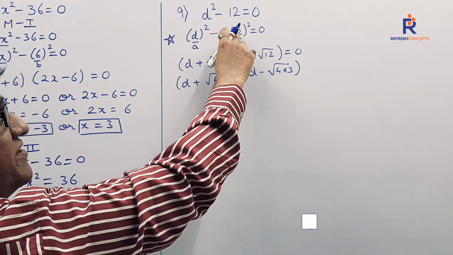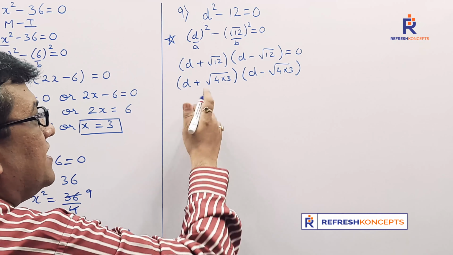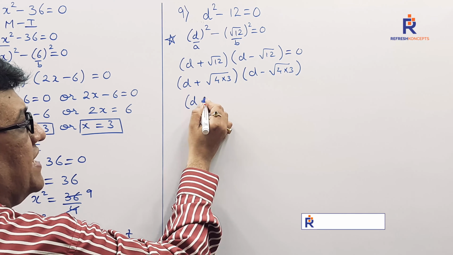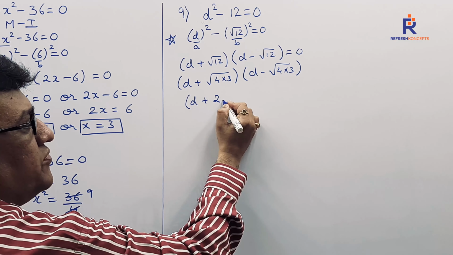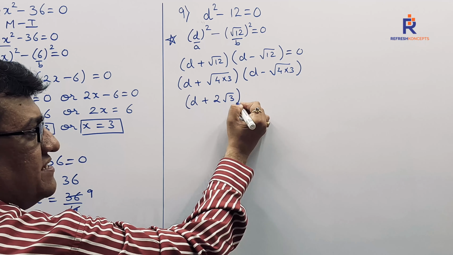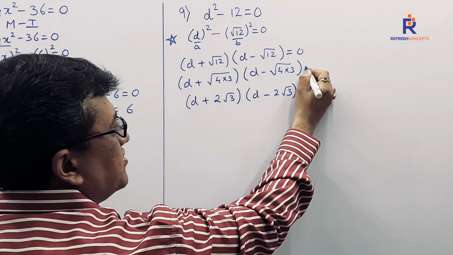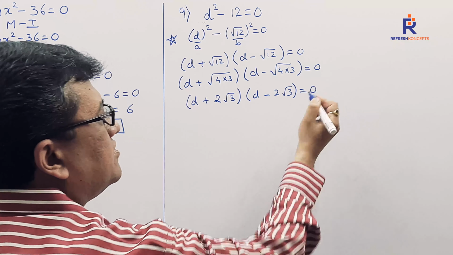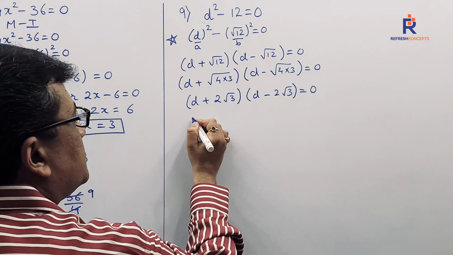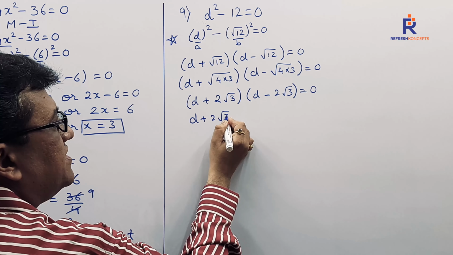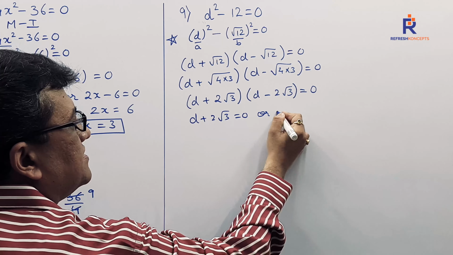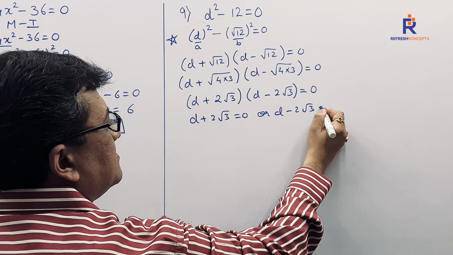The same thing is what I could have done here also. Here, d plus square root of 4 is 2. We don't have any square root of 3. As it is, d minus 2 root 3. Here also, I'm so sorry, equals to 0. Here also equals to 0. So it is d plus 2 root 3 is 0, or d minus 2 root 3 is 0.